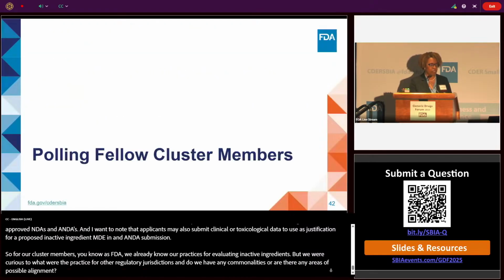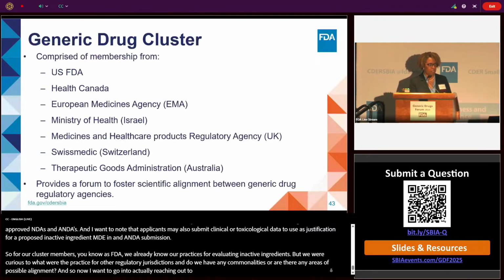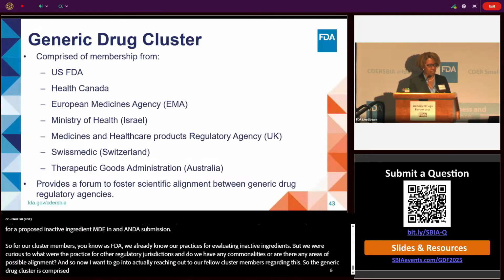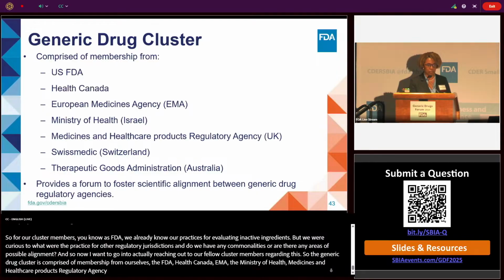So now I want to go into actually reaching out to our fellow cluster members regarding this. So the generic drug cluster is comprised of membership from ourselves, the FDA, Health Canada, EMA, the Ministry of Health, Medicines and Healthcare Products Regulatory Agency, Swissmedic, and the Therapeutic Goods Administration.